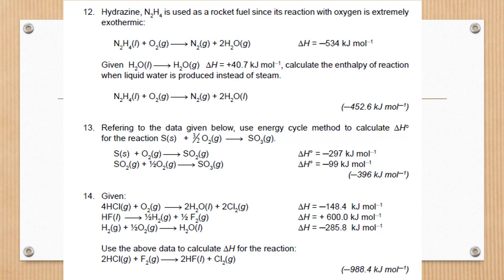So in the exam, we are going to ask you to use energy cycle method if we want to give marks for energy cycle, because energy cycle is quite difficult to do when the equation is more than 2. So we are going to specify which question. If we want you to use energy cycle, we will tell you in the question. But if we don't tell you, you can use both, either energy cycle or algebraic.